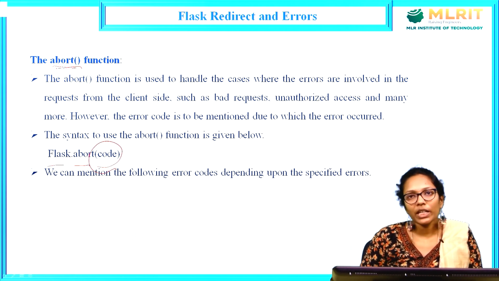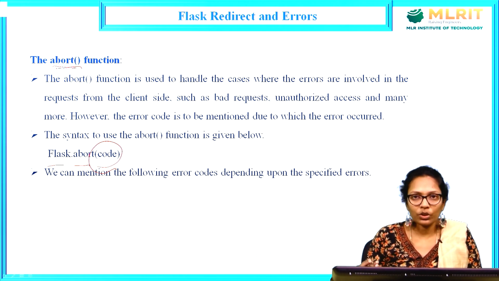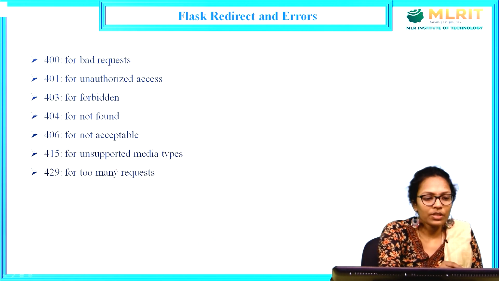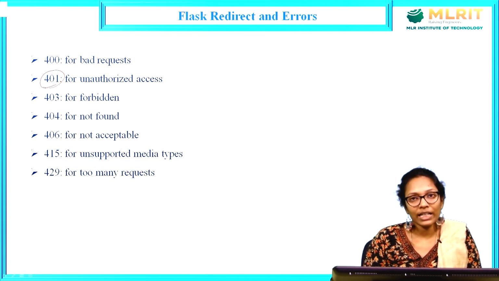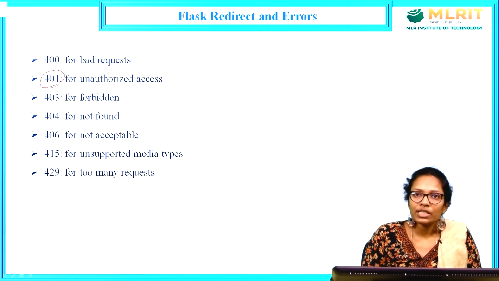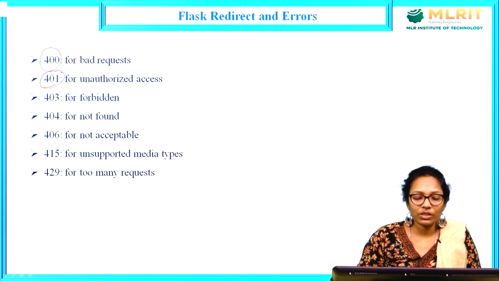We have some predefined codes for different things. If it is an unauthorized access, we have the code 401. So if I am dealing with files, I can use a code like 401. And if you are requesting something which is not available or which you don't have permission for, you can also use 400 for bad request.